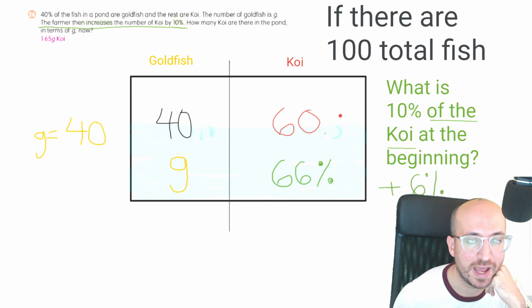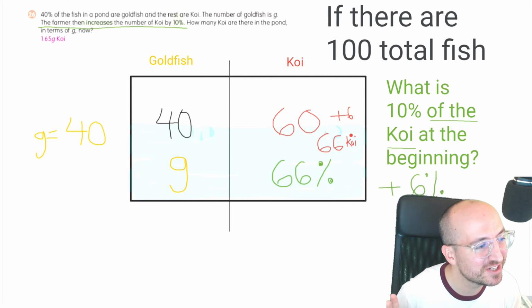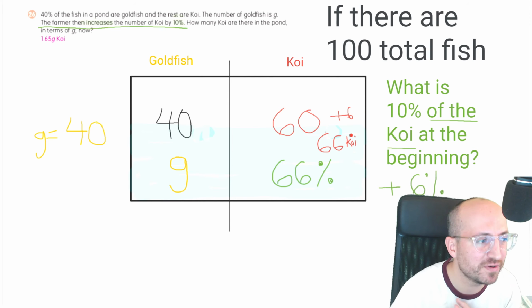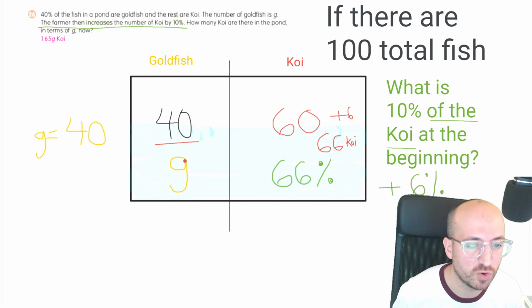Let's add 6 more koi. So we would have 66 koi. But does that change the number of goldfish? No, there are still 40 goldfish.